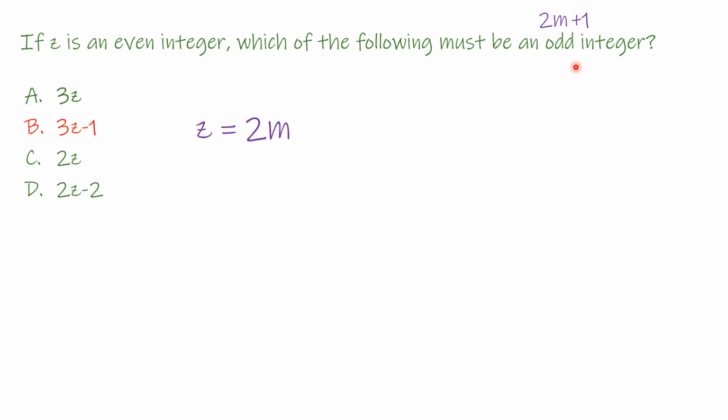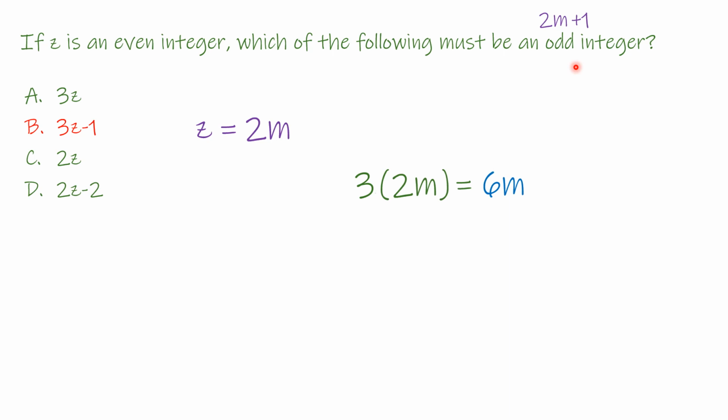All right, so we're going to have first the letter A, which is 3z. We're going to replace z with 2m. So let us replace it. We can write it as 3 times 2m. So 3 times 2m is equal to 6m, because 3 times 2 is 6. Is 6m an even or odd number?